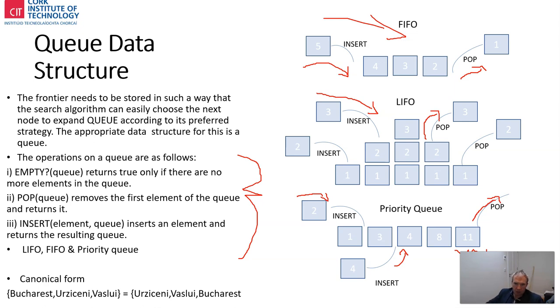A common example you'll come across in a few weeks is the traveling salesman problem in meta-heuristics, and you may need a representation like this. But if you take the example of our 3 cities here, Bucharest, Urziceni, and Vaslui is logically equivalent to Urziceni, Vaslui, and Bucharest. As such, the ordering of experiencing these states does not matter.